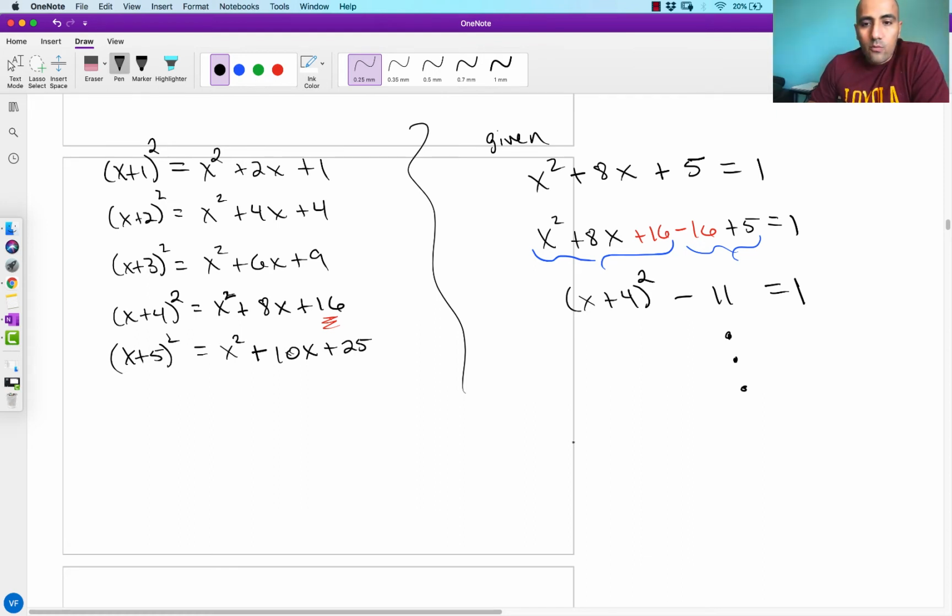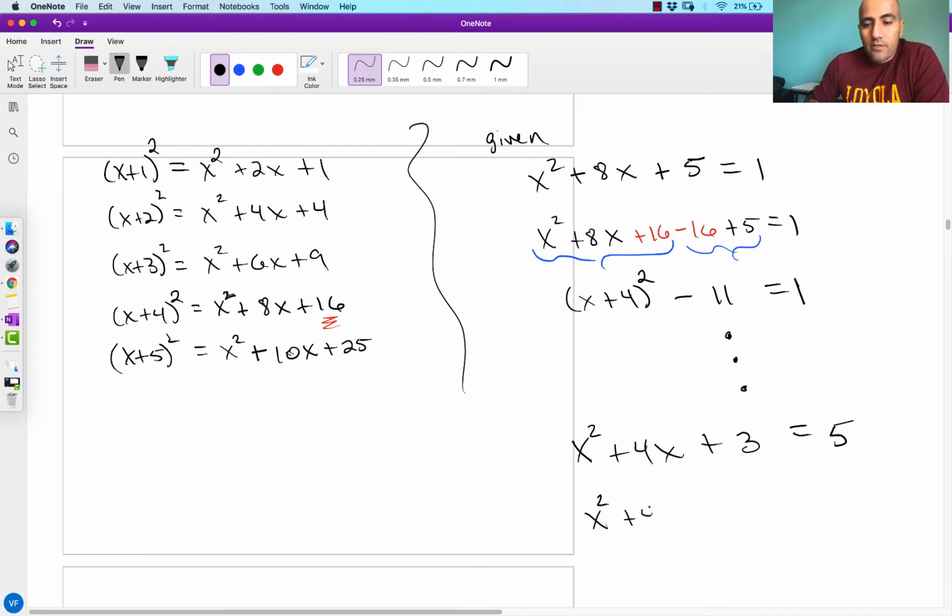Let's try one more. Let's say we were given x squared plus 4x plus 3 equals 5. Okay, so then again, this one looks an awful lot like this one, right? And I know that it factors like that. So if I only had a plus 4 is what I'm thinking.